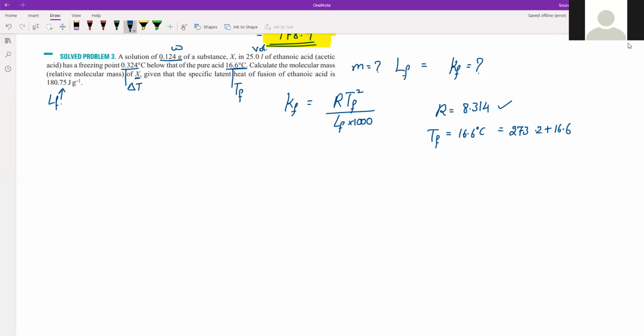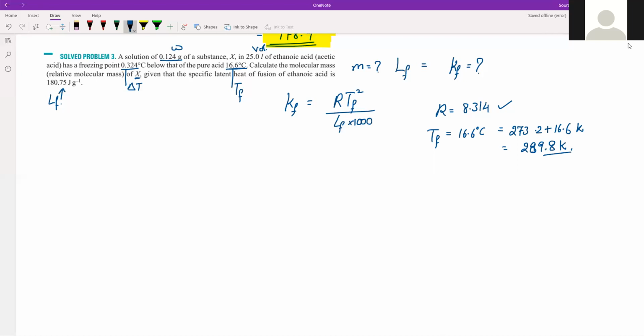So that makes it Kelvin, and that is equal to 289.8 Kelvin. So this is TF in Kelvin scale. LF we already know, that is 180.75 joules.